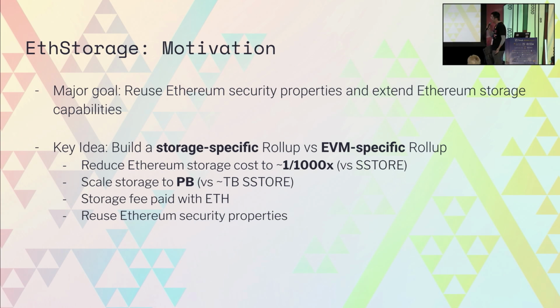Everything will be paid by Ether, just like Arbitrum and Optimism. And we will also be able to use the Ethereum security properties so that we are able to satisfy a lot of growing storage needs of decentralized applications, for example, NFTs, website front ends, and decentralized social networks. There are a couple of them.